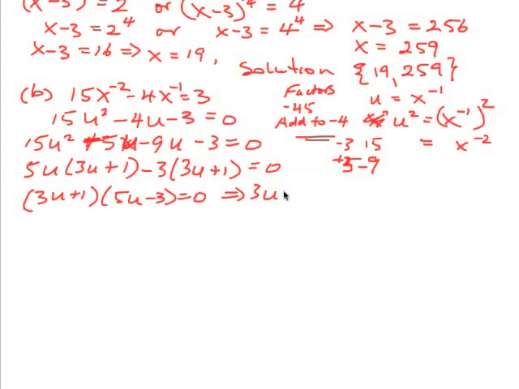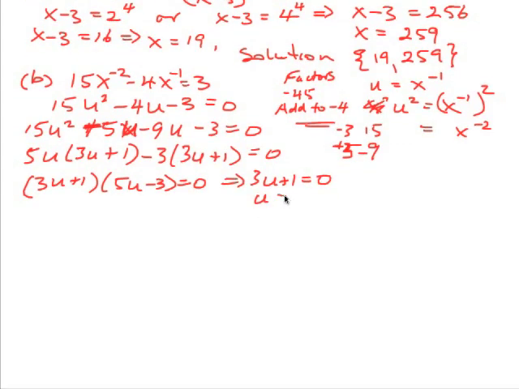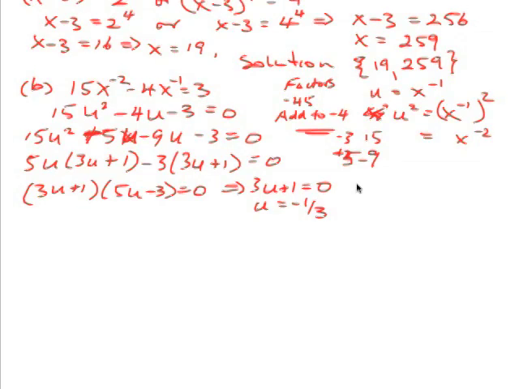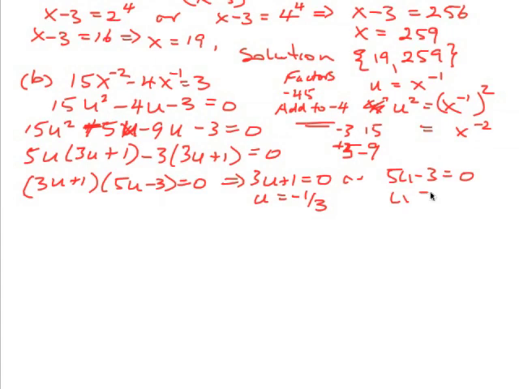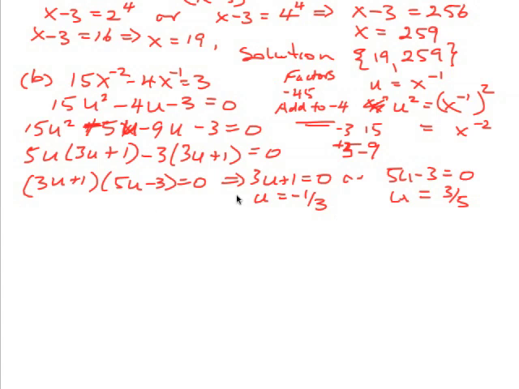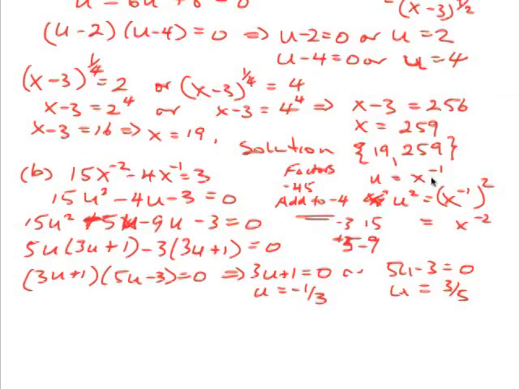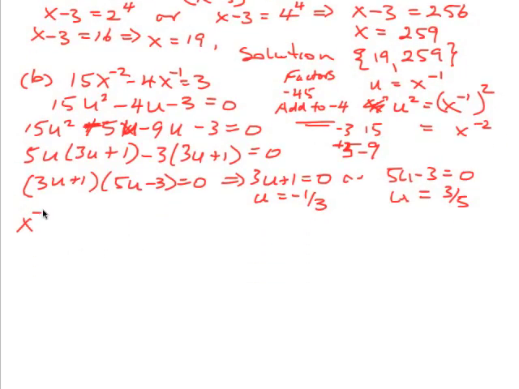Which implies here that 3u plus 1 equals 0, or u is equal to negative a third, or we have 5u minus 3 equals 0, or u is equal to 3/5. Alright, so either way we haven't finished here, because remember u was equal to x to the negative 1. So what I have is x to the negative 1 is equal to negative 1/3, which implies that 1 on x, that's what x to the negative 1 is, equals negative 1/3, which implies that x is equal to negative 3.